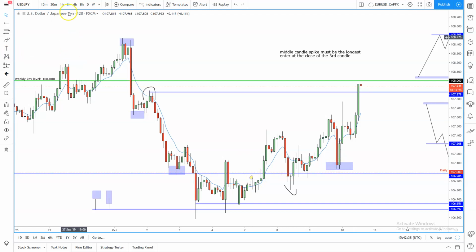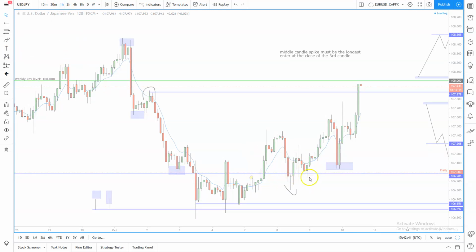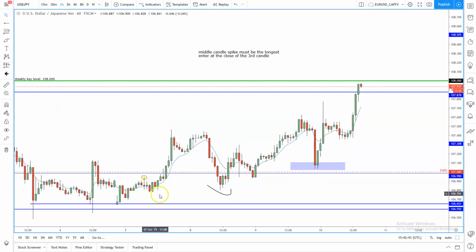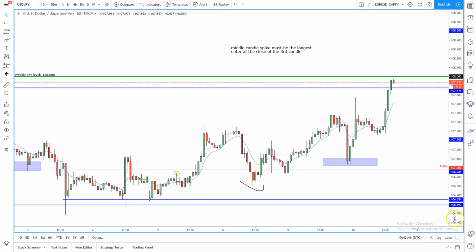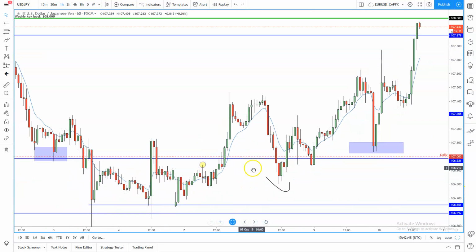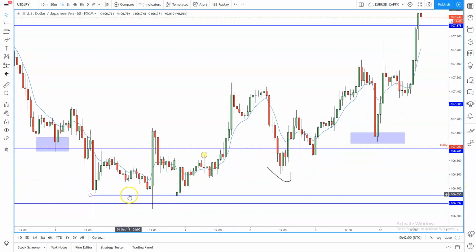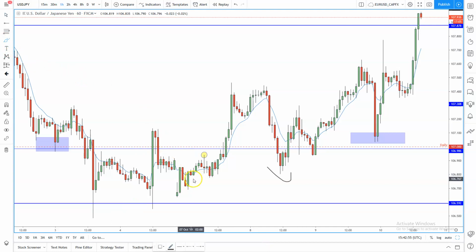Let me just run quickly through this trade here that we took. So we took our trade. Obviously it was based on the head and shoulders, and then also again we had a tweezer formation here.